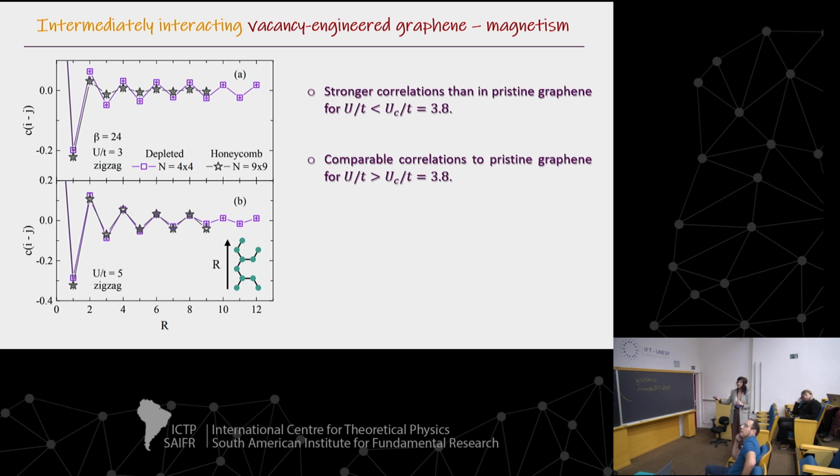So this decay here is much slower than in pristine graphene when your lattice is depleted, whereas above pristine graphene's critical point, the spin-spin correlations become almost indistinguishable. This is a distance, right? As you see here.